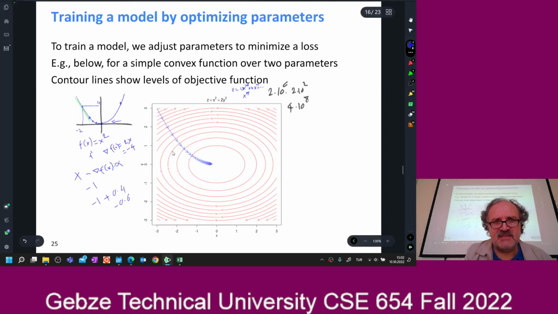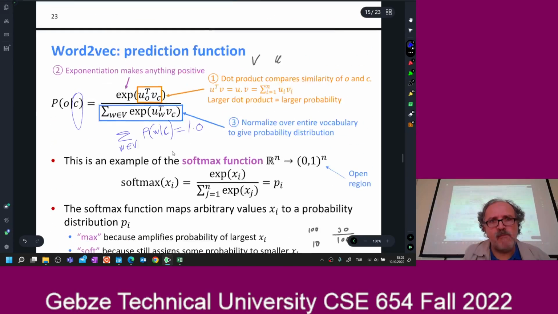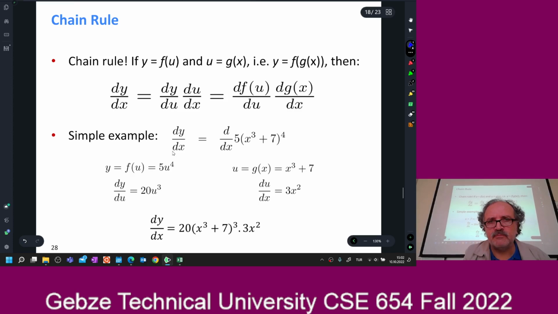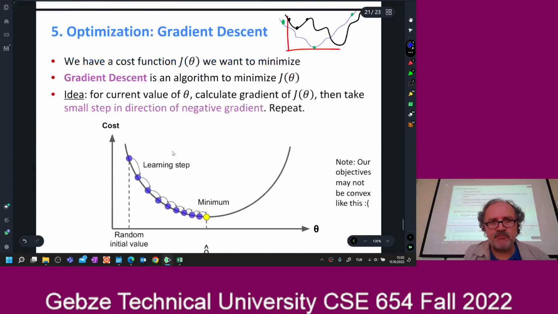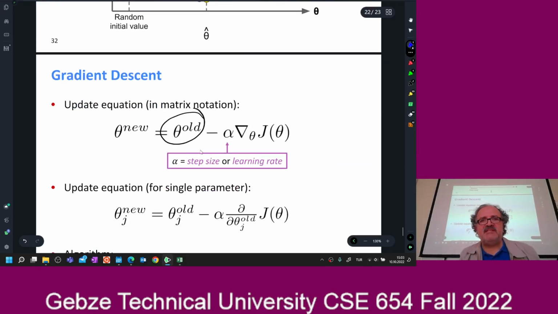Formula is this. Take your old parameters and subtract this alpha times the derivative of your objective function. Okay, what is my derivative of the objective function?